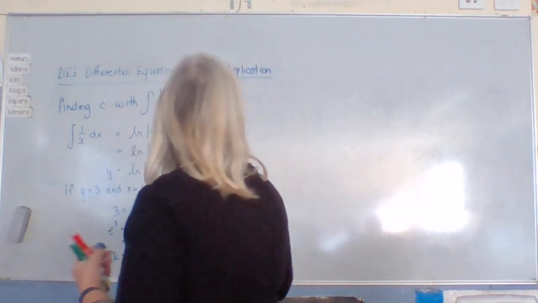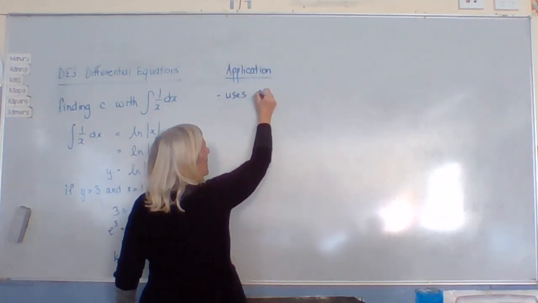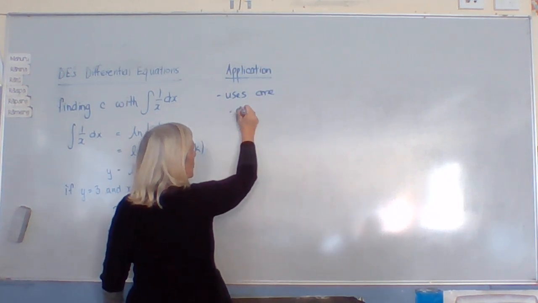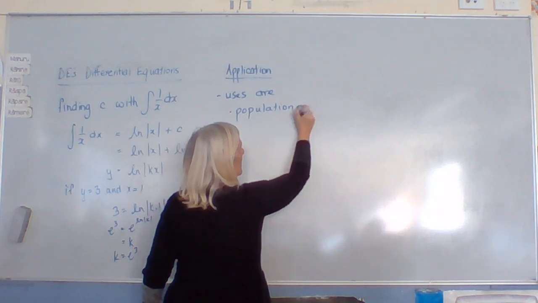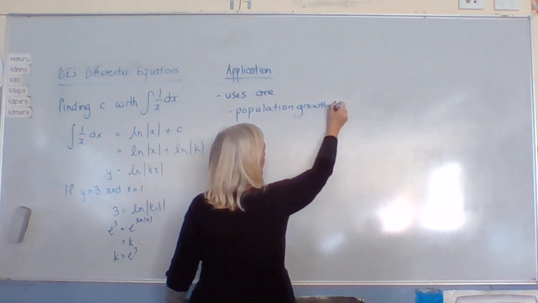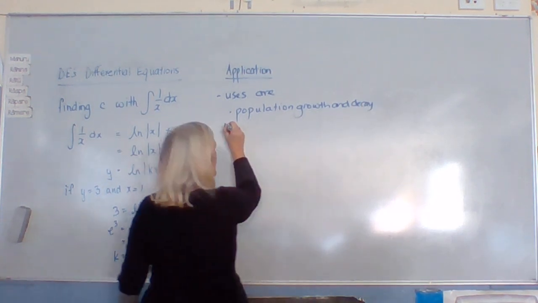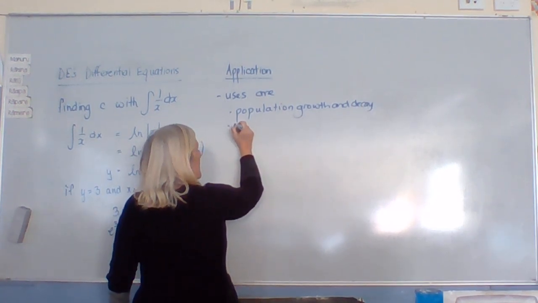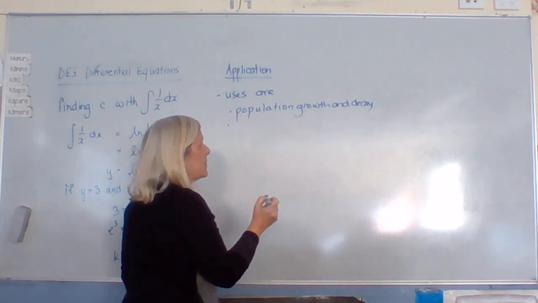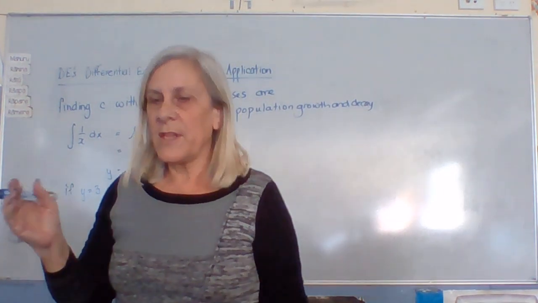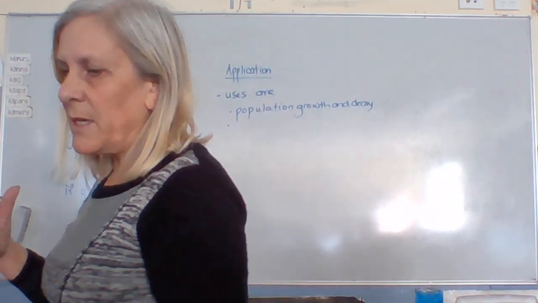Okay, so the things that come up are things like population growth and decay, and that can include things like viruses. All right, it doesn't have to be just that.